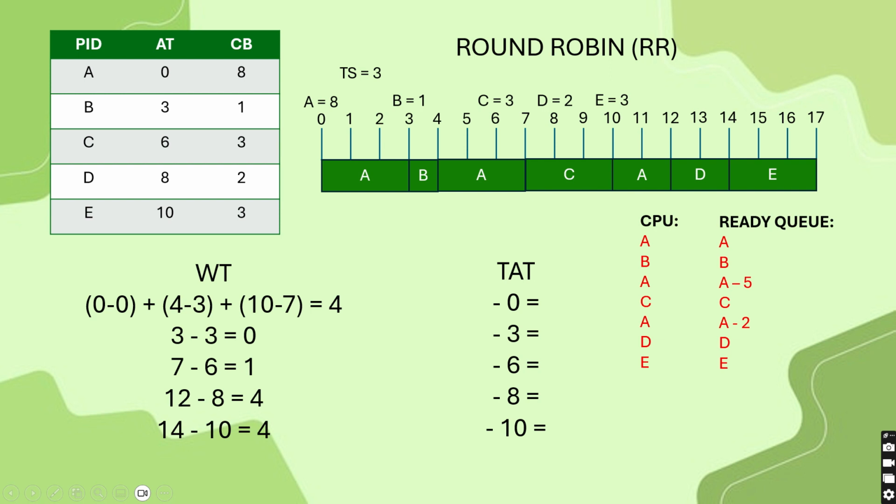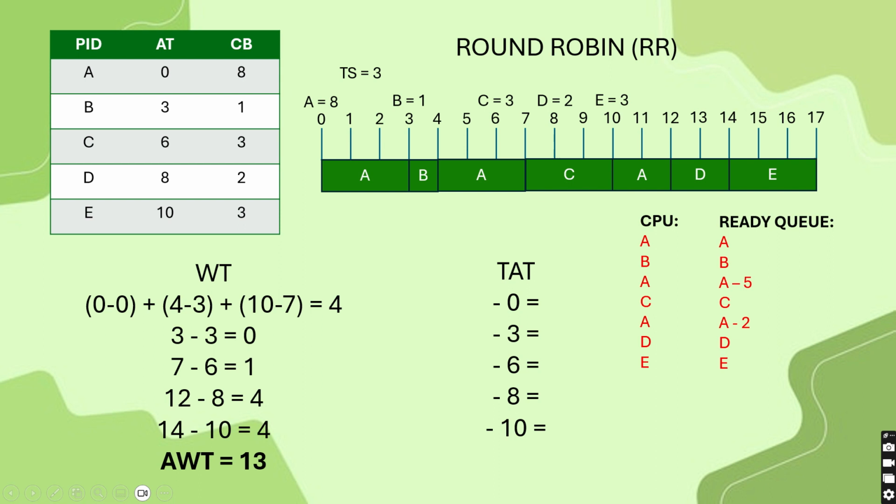Process E starts at time 14, subtract the arrival time of 10, so 14 minus 10 is 4. Adding all of them, 4 plus 0 plus 1 plus 4 plus 4, the total waiting time is 13.